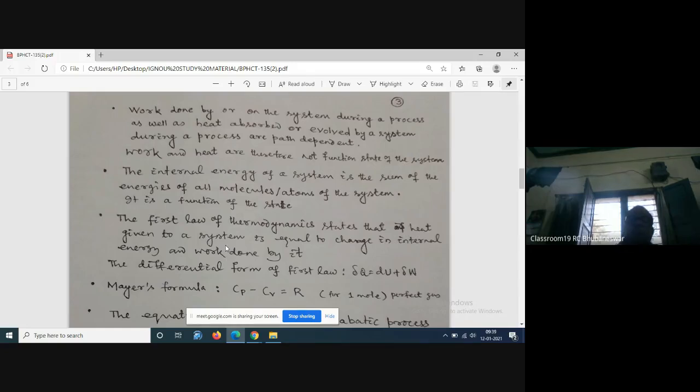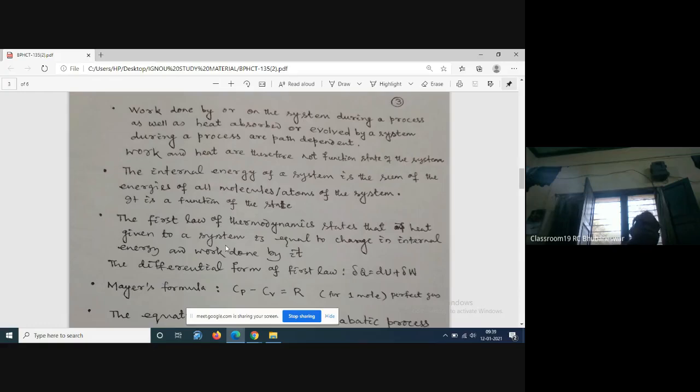So when the work done by the system or on the system changes, the area changes. When the area changes, the path changes. That means work done depends upon the path. So work and heat depend upon the path. They are path dependent. So they are not functions of the state of the system.